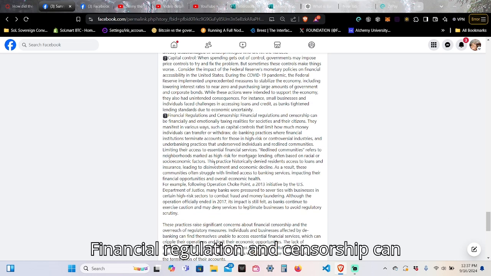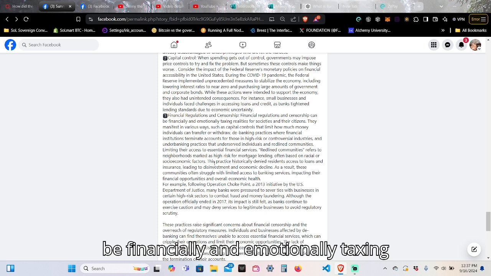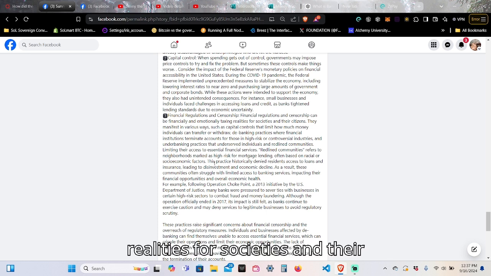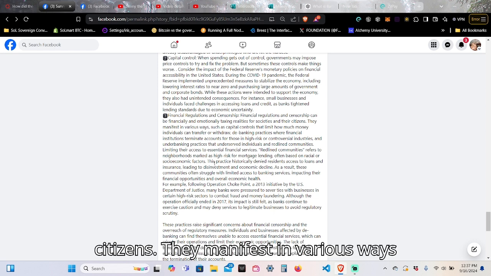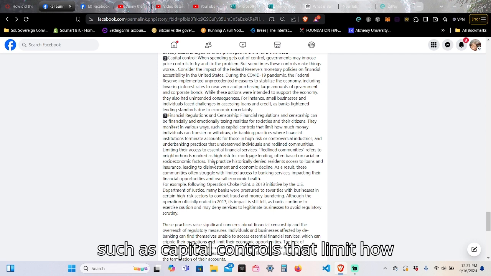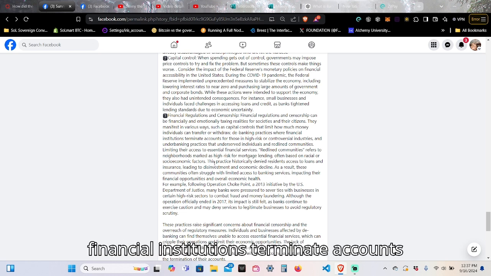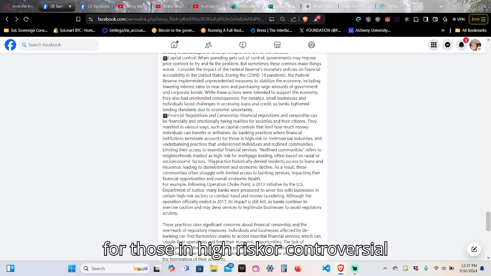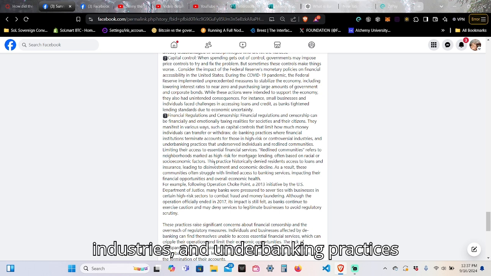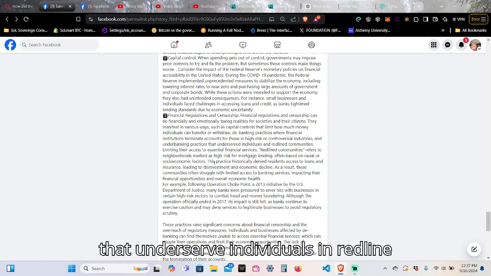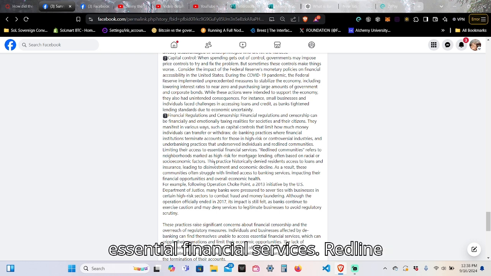Financial regulation and censorship can be financially and emotionally taxing realities for societies and their citizens. They manifest in various ways, such as capital controls that limit how much money individuals can transfer or withdraw, debanking practices where financial institutions terminate accounts for those in high-risk or controversial industries, and underbanking practices that underserve individuals in redlined communities, limiting their access to essential financial services.